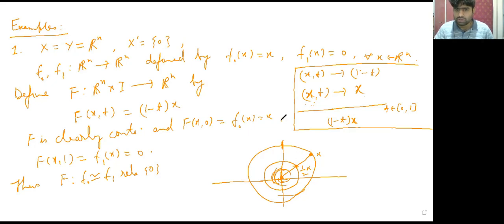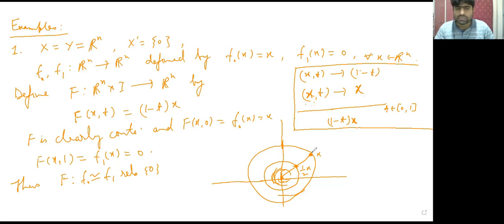So basically, when you go from 0 to 1, consecutive maps are getting shrunk, right? Their ranges are getting shrunk. Initially, when t equal to 0, you have the identity map, so x goes to x for every x in R^n.